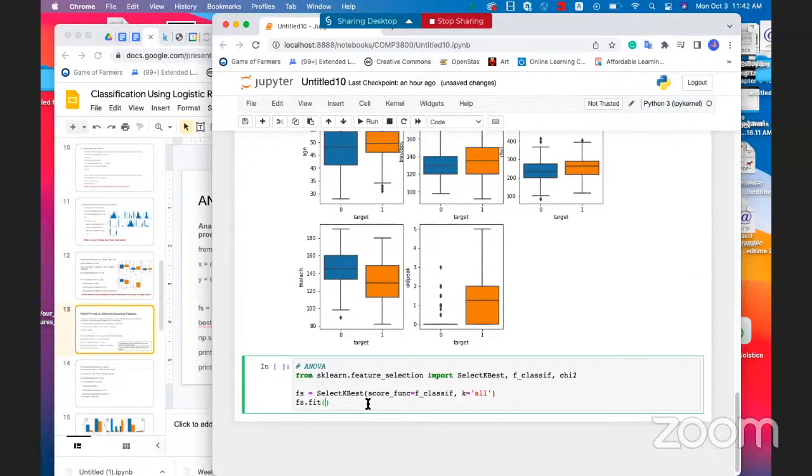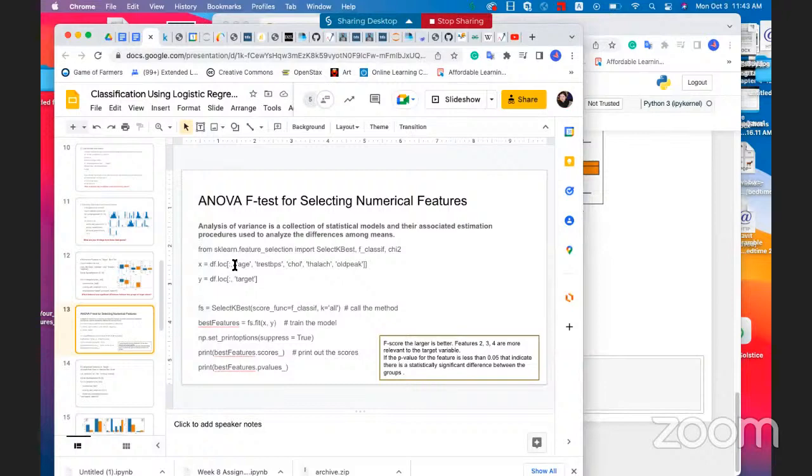Here x is the numerical variables, and y is the target variable, whether they are significant between the two groups. The target variable is df target, and the x variable is df with all the numerical variables. I'll just copy this list.